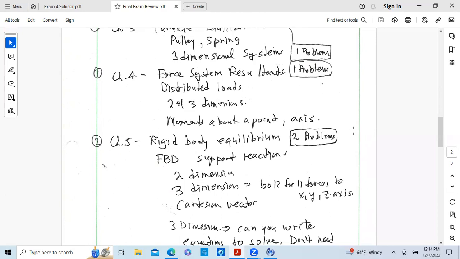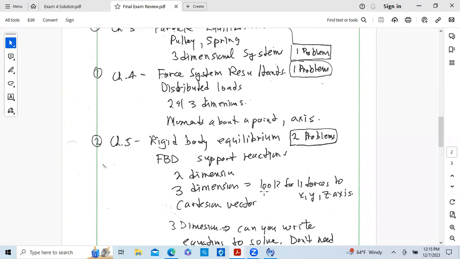This is really the key chapter. And one of the reasons for that is that we are able to solve for support reactions. So I've chosen this chapter to take 2 problems: 2 dimensions and 3 dimensions. You probably have one of each if you're thinking about it.